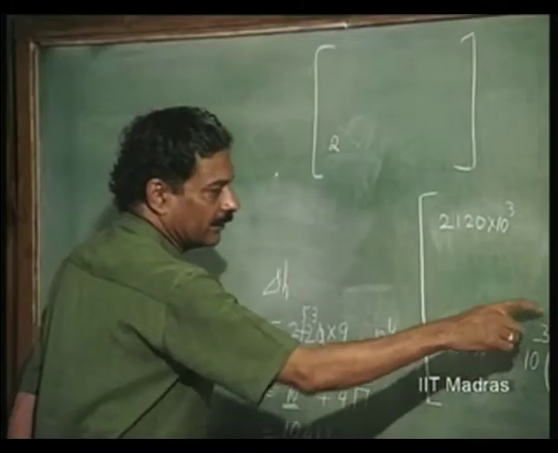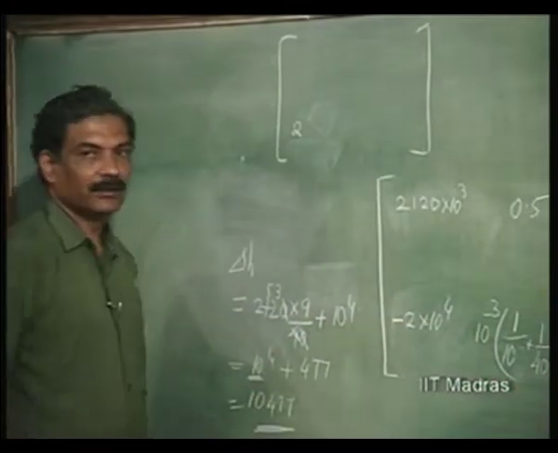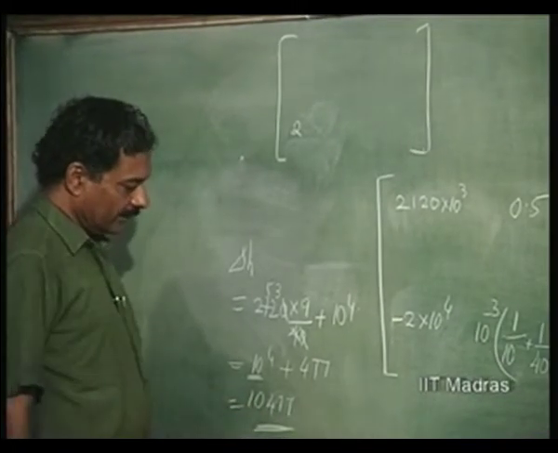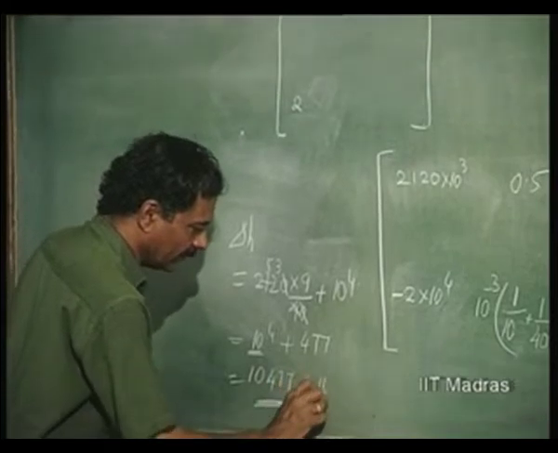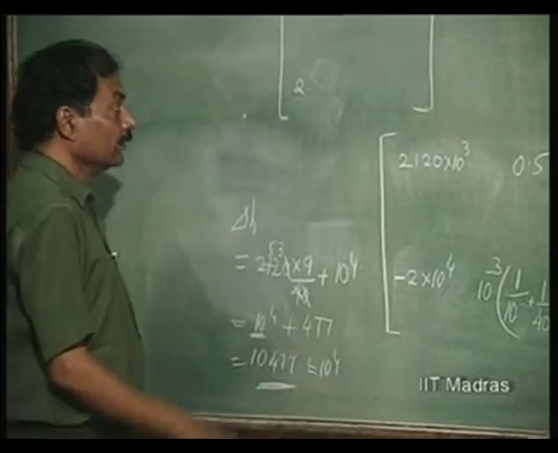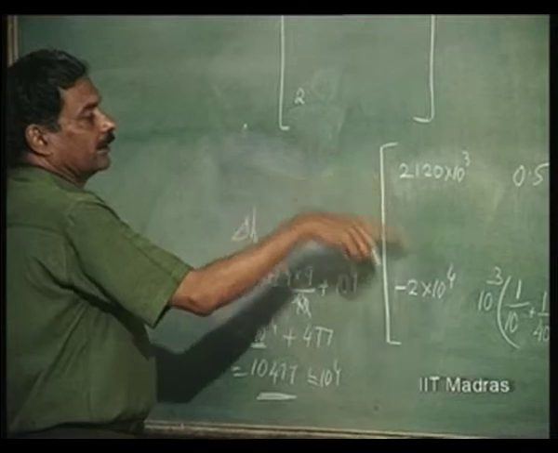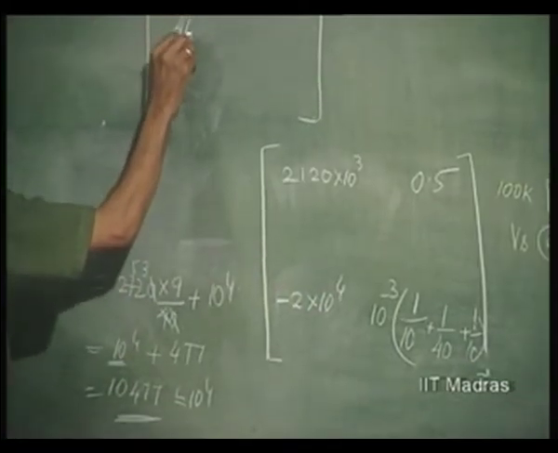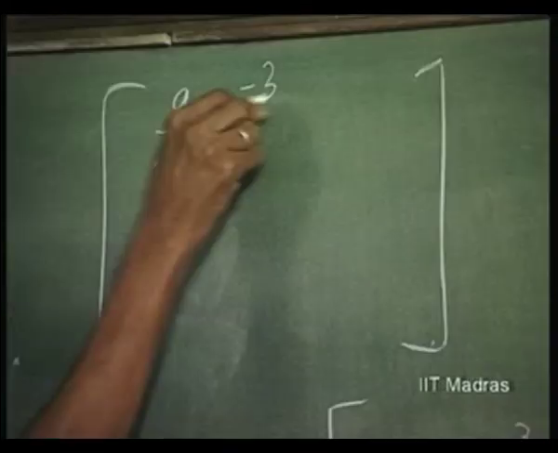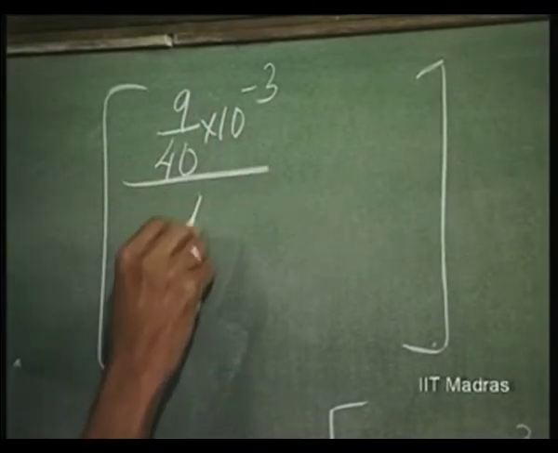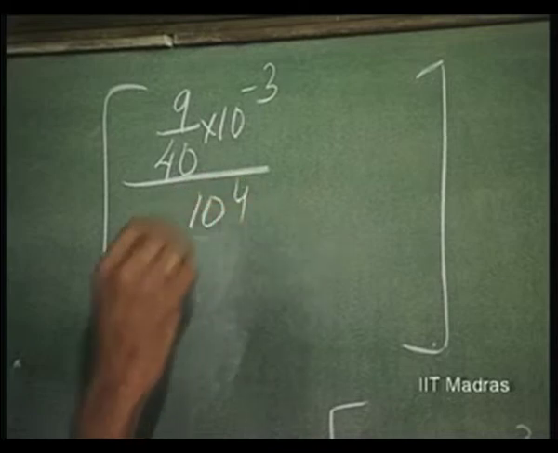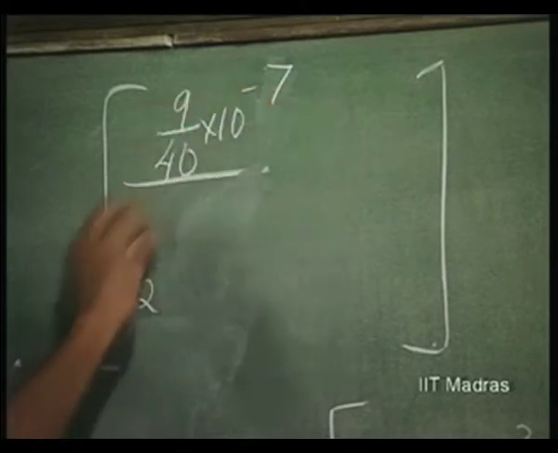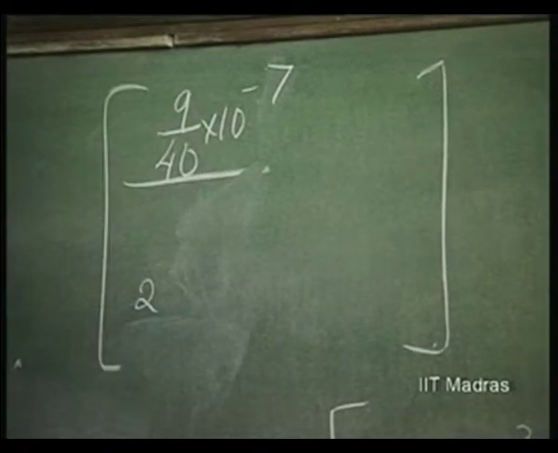Now, let us find out GI. GI is this factor divided by this. Let us say we will approximate this as 10 to the power 4 already. So, this factor, which is 9 by 40 into 10 to the power minus 3 divided by 10 to the power 4. So, 10 to the power minus 7, see it goes towards 0.